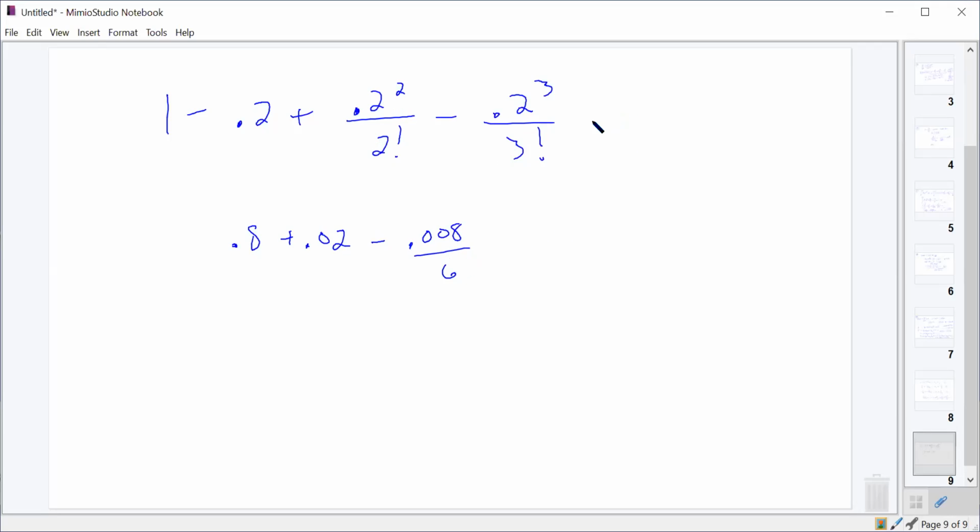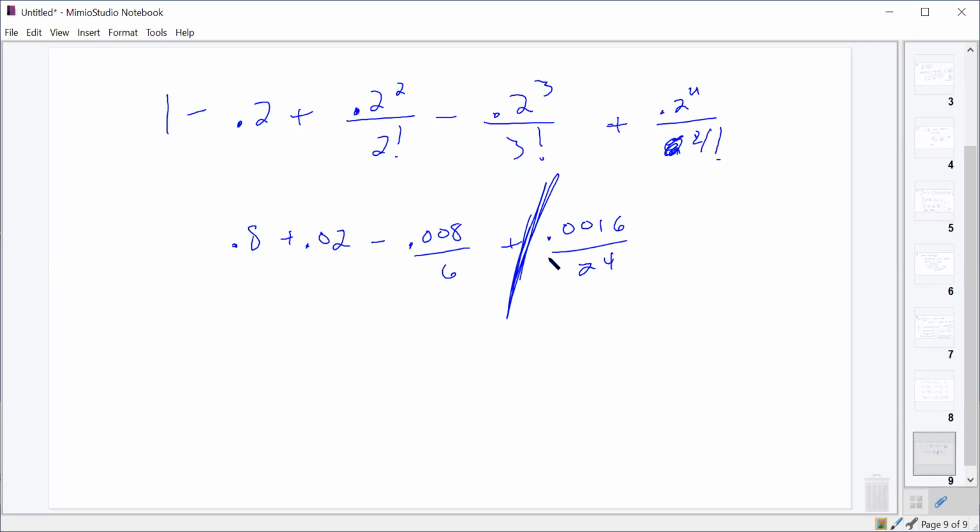And then the next one would be 0.2 to the 4th over 4 factorial, so over 24. And so that'd be 0.0016 over 24. If I take 0.0016 and divide it by 24, I don't need that term anymore to get 3 decimal points of accuracy.